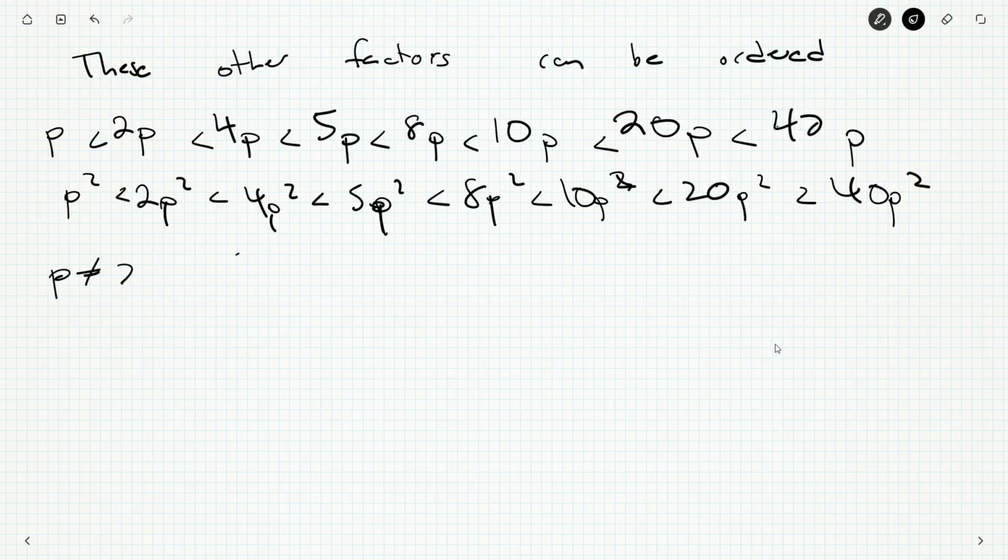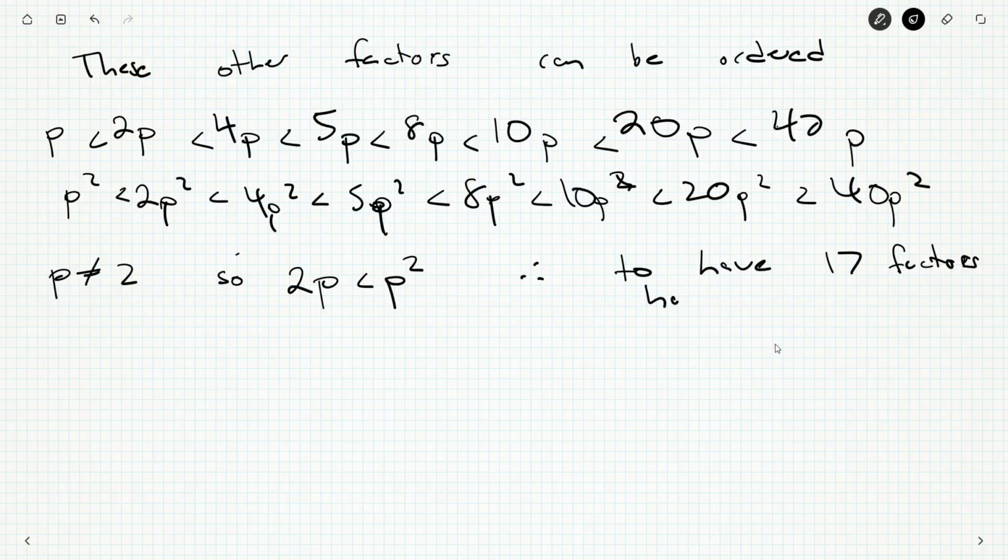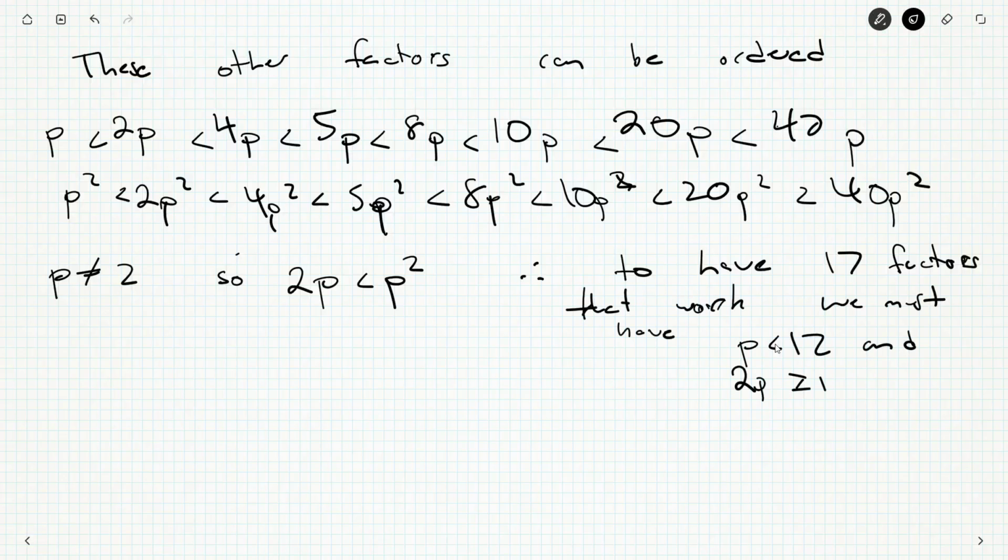So p is not equal to 2. So we know 2p is less than p squared. So to have 17 factors that work, and give us the Keller rectangles with the ratio we want, we must have p be less than 12 and 2p be greater than or equal to 12.